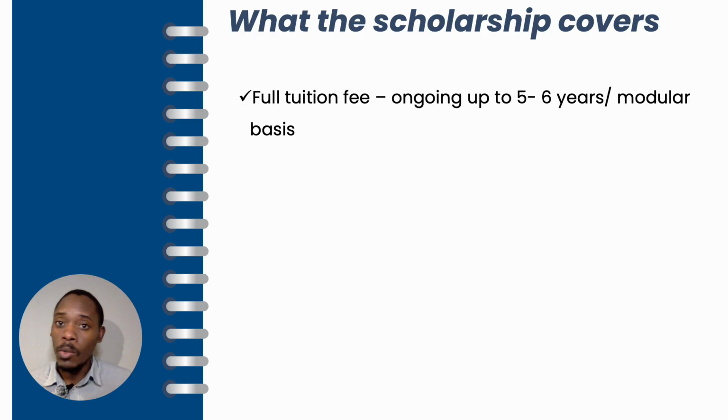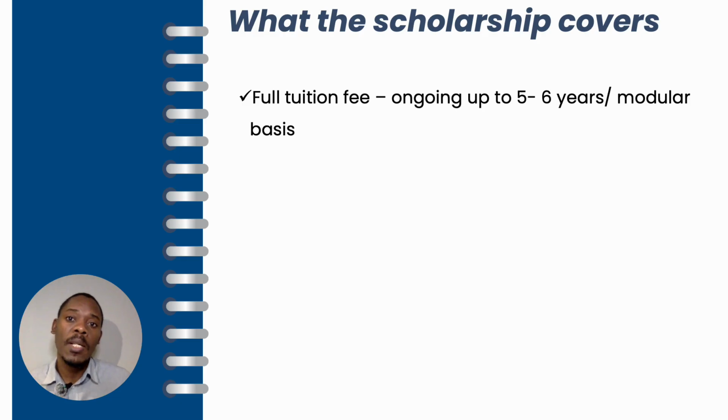Your master's is for 2 years, but if you are not able to finish within that 2 years, depending on how your course is structured, whether it's based on module by module or however the university you're applying to has structured that course, you should be fully paid for up to 5 to 6 years if it is on a modular basis.